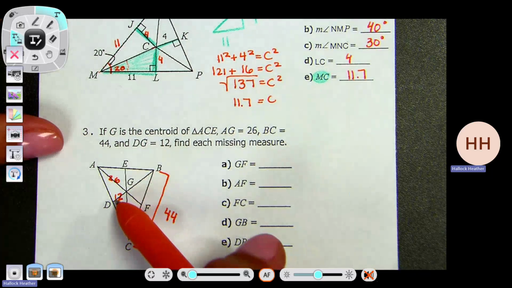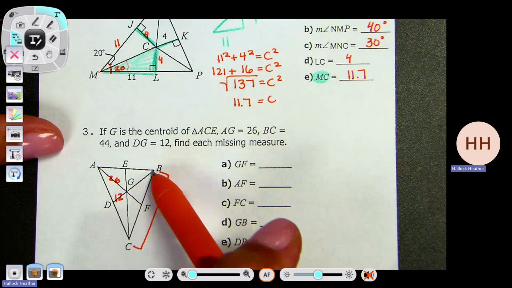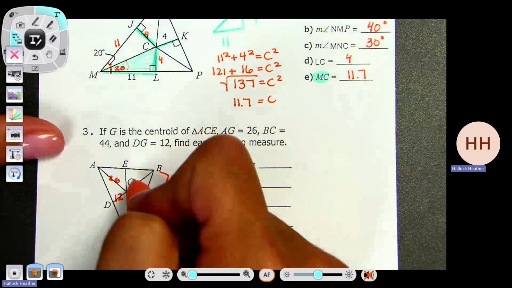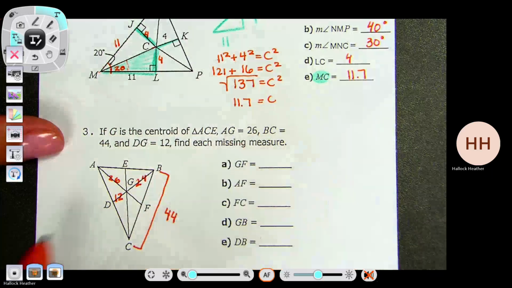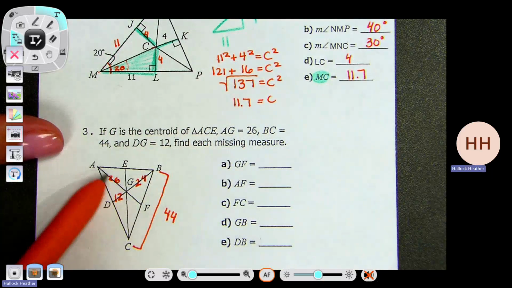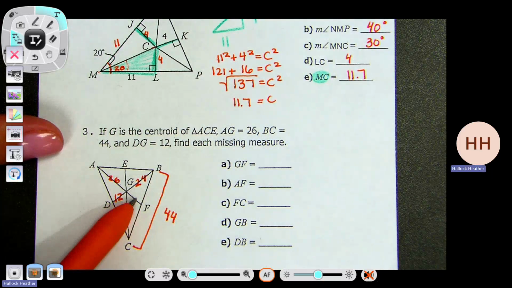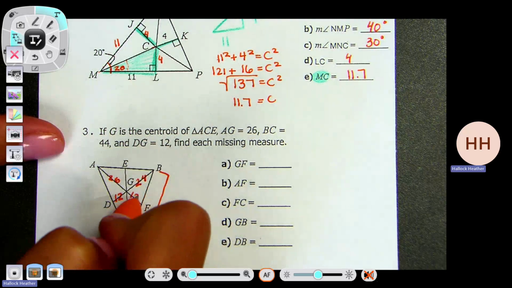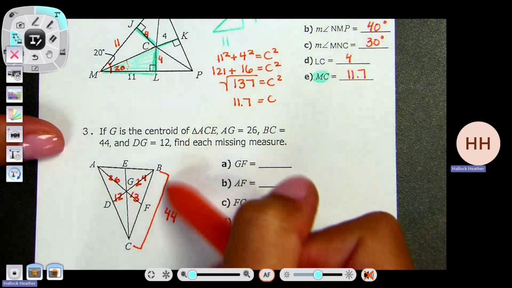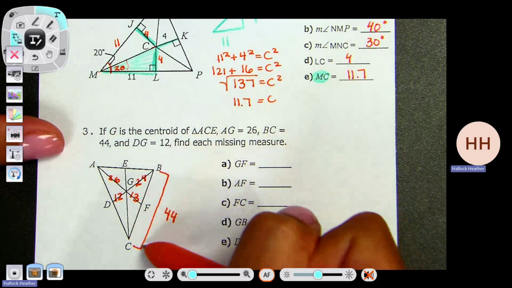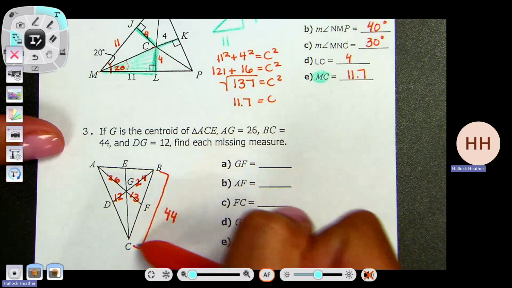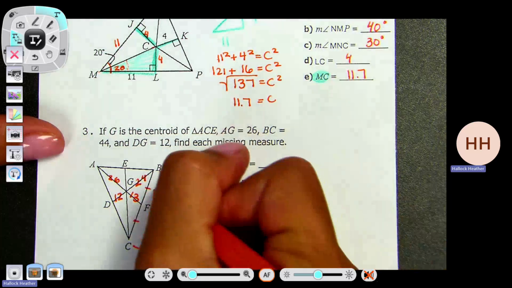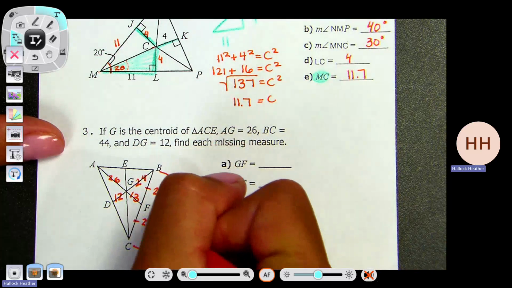If this piece is 12, it's getting larger over here, so I have to double it because there are 2 12s. So 24. This is 26. It's the larger piece and I'm getting smaller, so I have to cut it in half. I'm going to divide by 2 to make 13. This is an outside, so I'm not talking about 1/3 and 2/3. I'm just splitting it in half because this piece makes that piece. So 44 divided by 2 is 22.